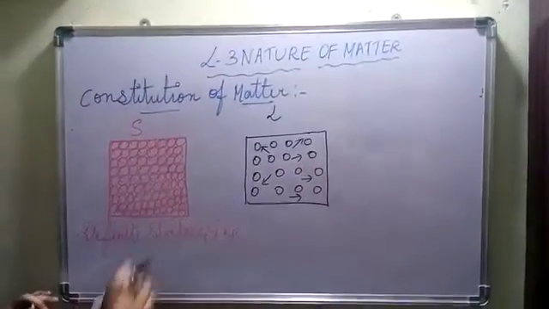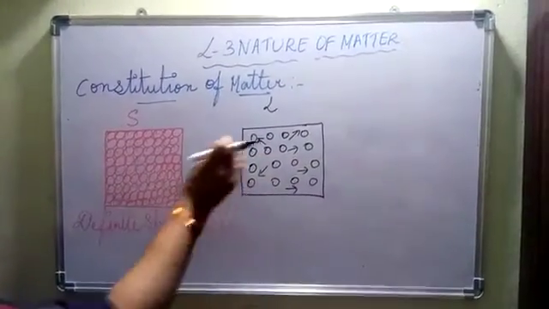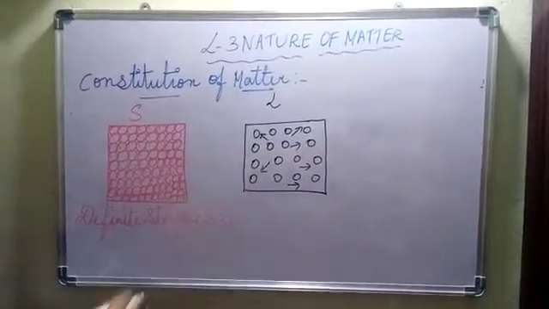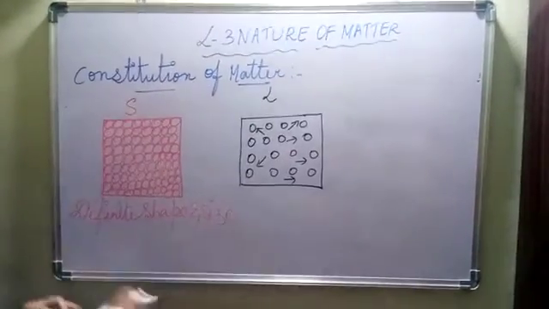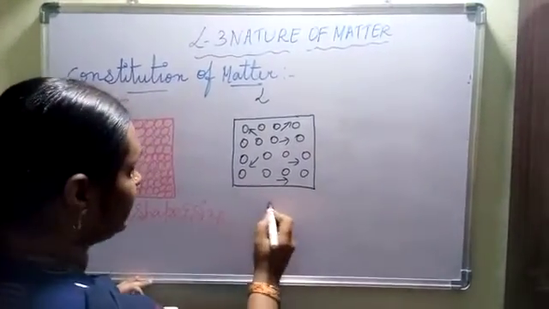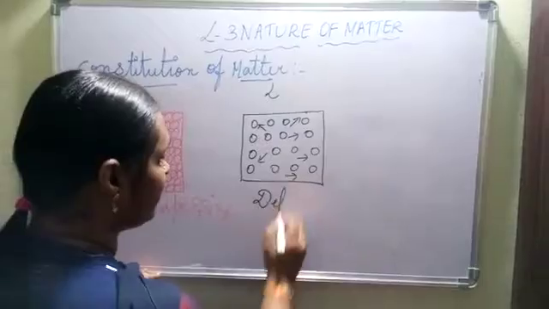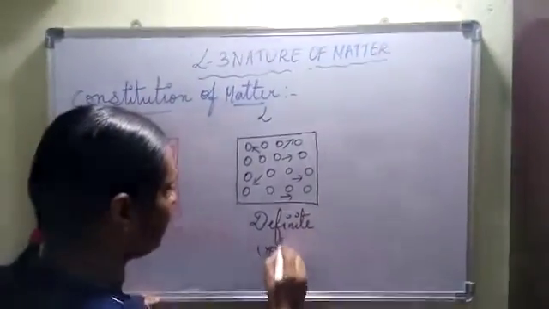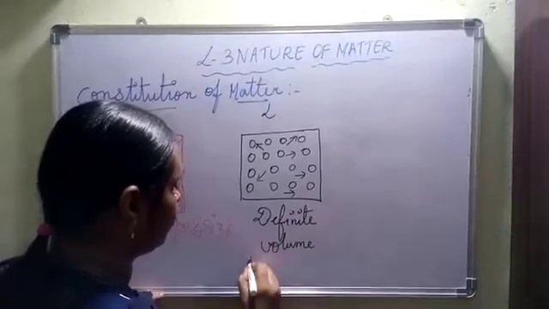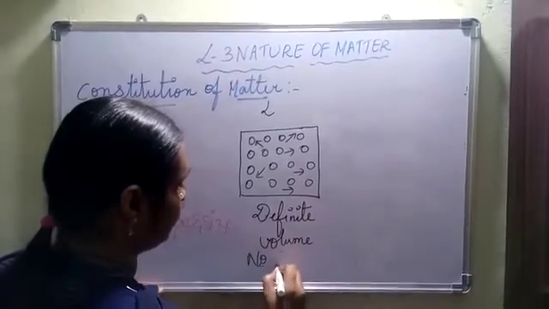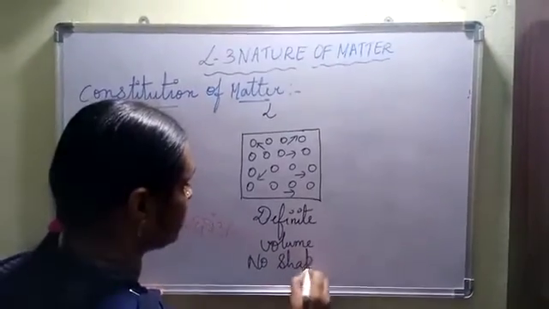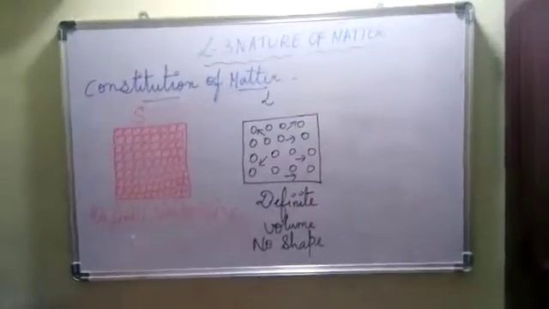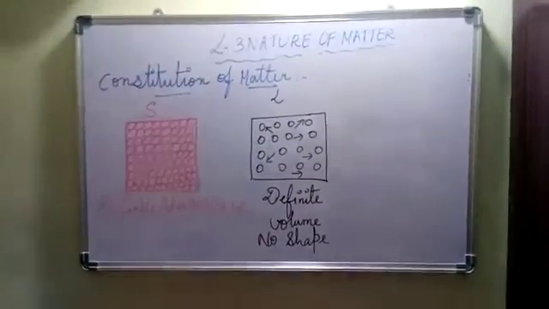Since there is some space between the particles, they can move. Because of that, they have definite volume but no definite shape. So liquids have definite volume but no definite shape.